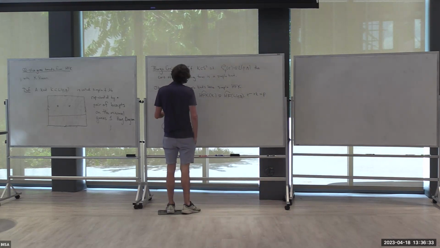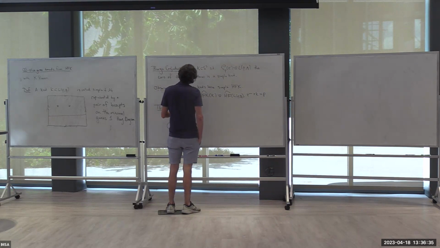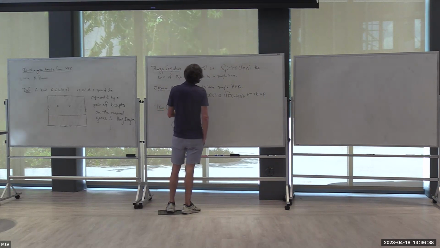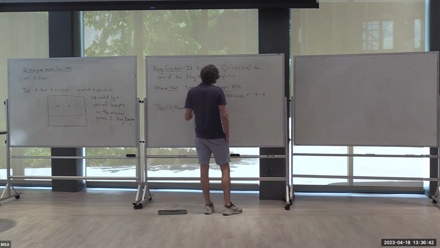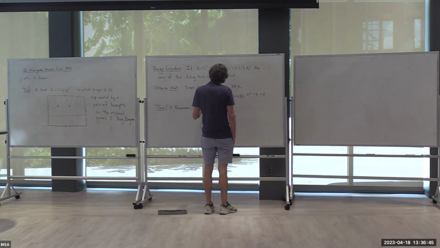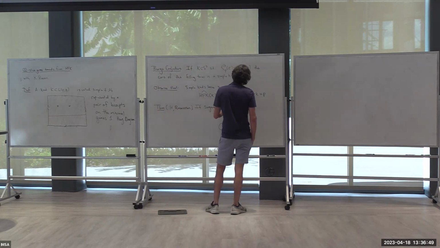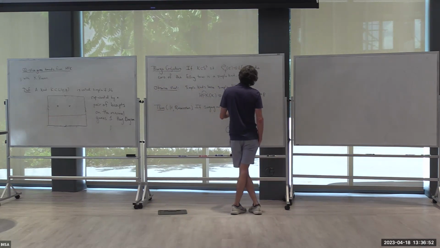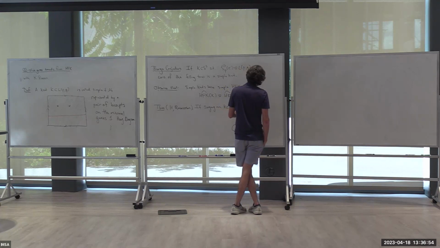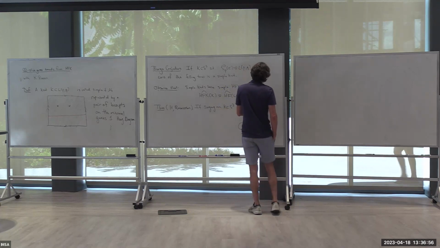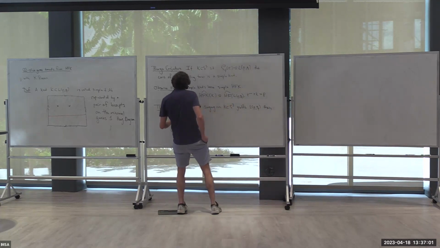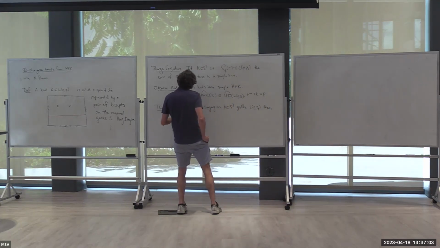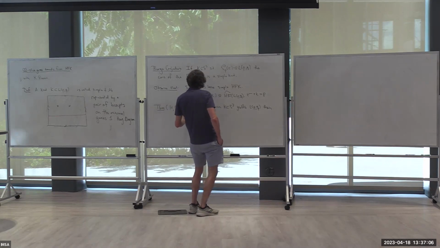So I proved a theorem with Jake Rasmussen, an alternative perspective and proof of this, which says that in fact, if surgery on K in the three-sphere yields a lens space, then the knot Floer homology is simple.